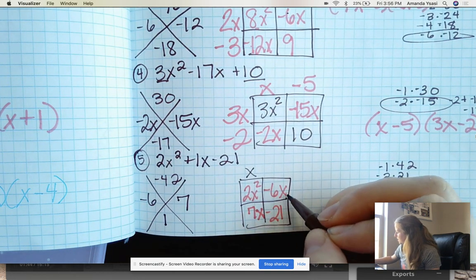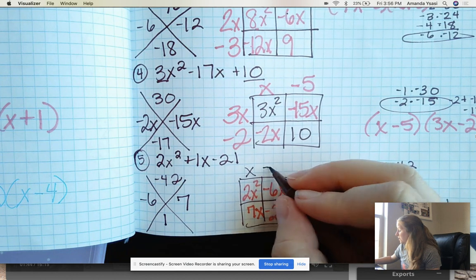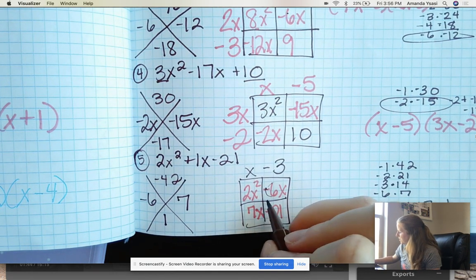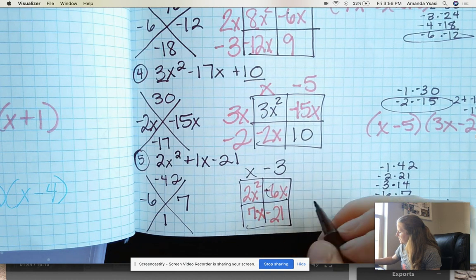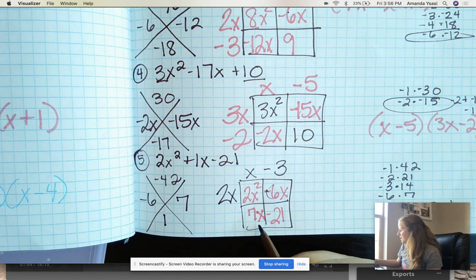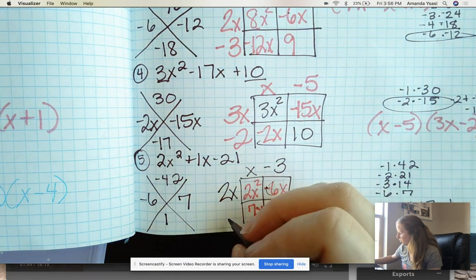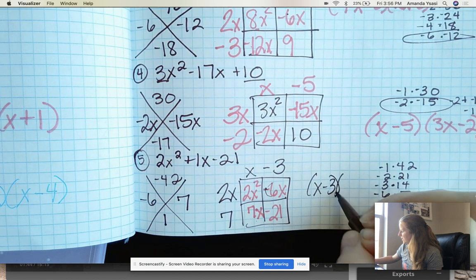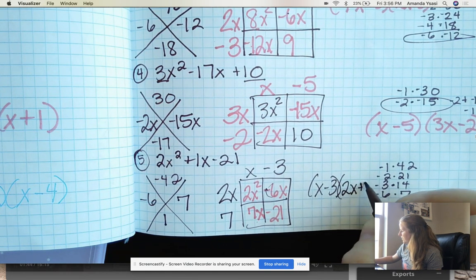Here, negative 6x and negative 21, 3 will go into both, and you have to pull out the negative because that first term is negative. And then 2x squared and negative 6x, that's going to be 2x. 7x minus 21, both have 7. Okay, so our factors are x minus 3 and 2x plus 7.